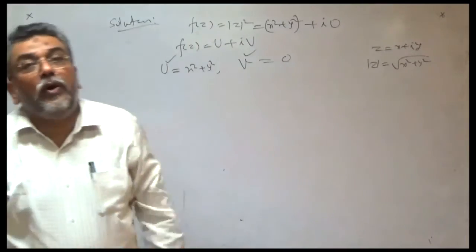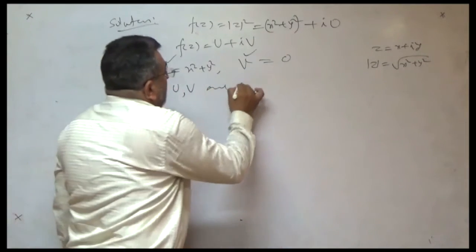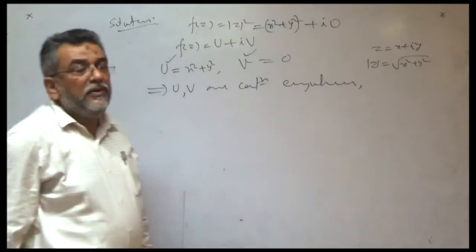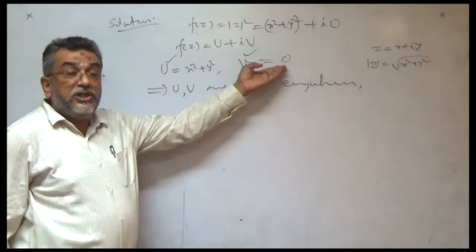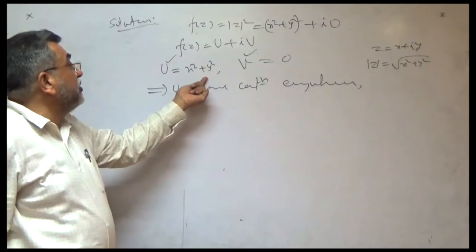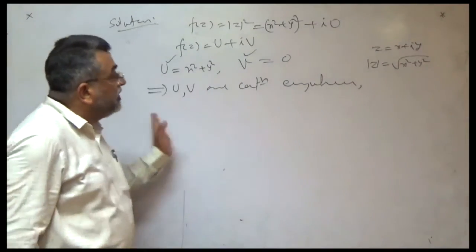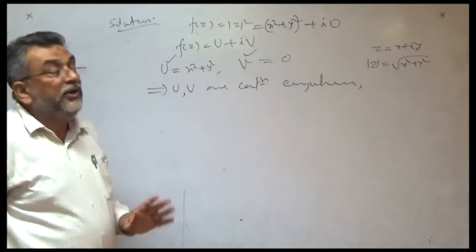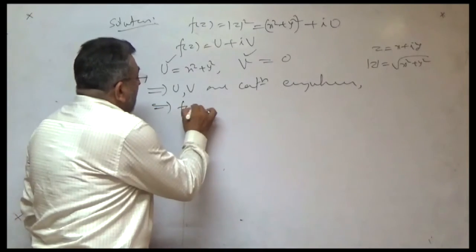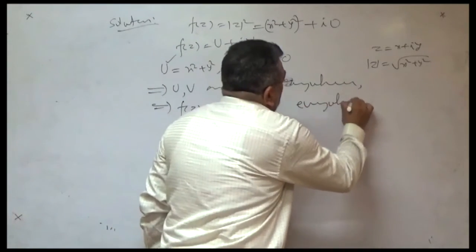So by the theory of polynomials, we can directly say that u and v are continuous everywhere, because a constant function is always continuous, and x square plus y square is a polynomial of degree 2, and polynomials are continuous everywhere. The first part of the question has been proved. The function is continuous everywhere, because u and v are continuous, that means f(z) is continuous everywhere.